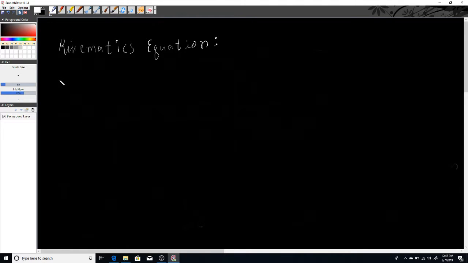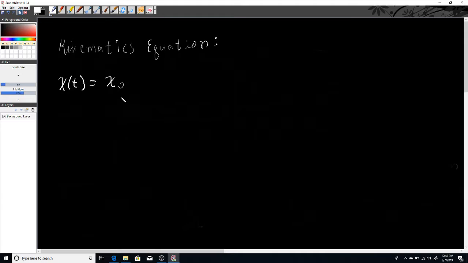So if we look in the x direction, just to simplify our discussion, the most general equation for an object moving in the x direction is a combination of its initial position. This is the position right at the start when we started looking at this thing.